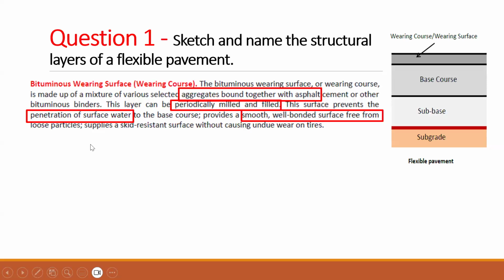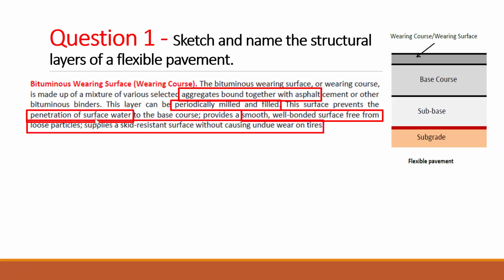So all the functional requirements are satisfied by this wearing surface, because that's the one which we can see. The other layers are very important for the structural part, taking the load and distributing the load, but this wearing surface is the surface that we see on the road, isn't it?